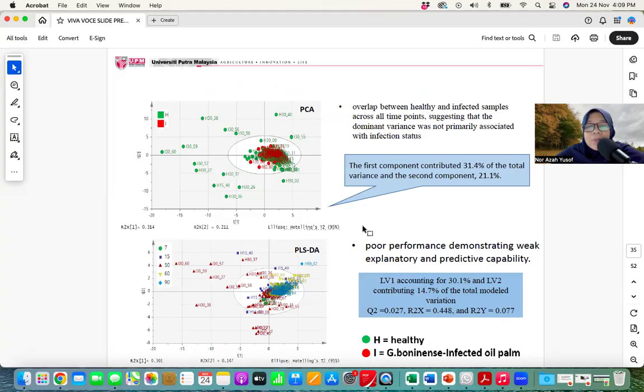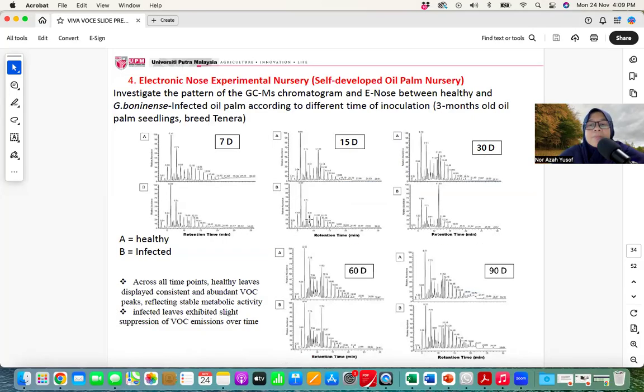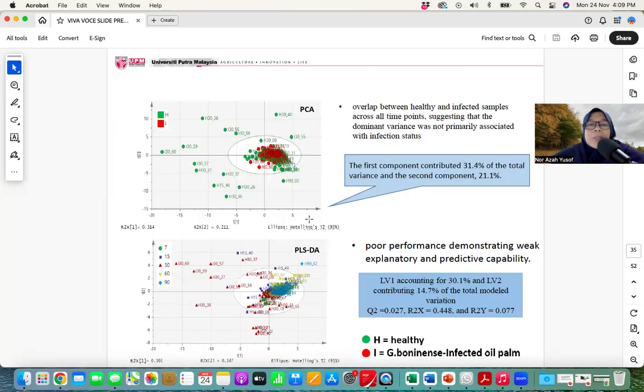PLSDA is called supervised. I hope that you have watched the video, so you might understand some fundamentals of the PCA. You can see that from the eNOS data, which is validated by using GCMS data, there is some pattern.